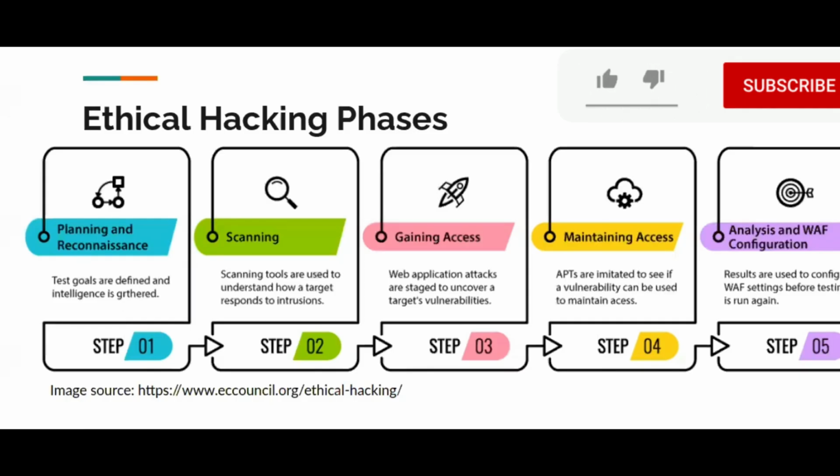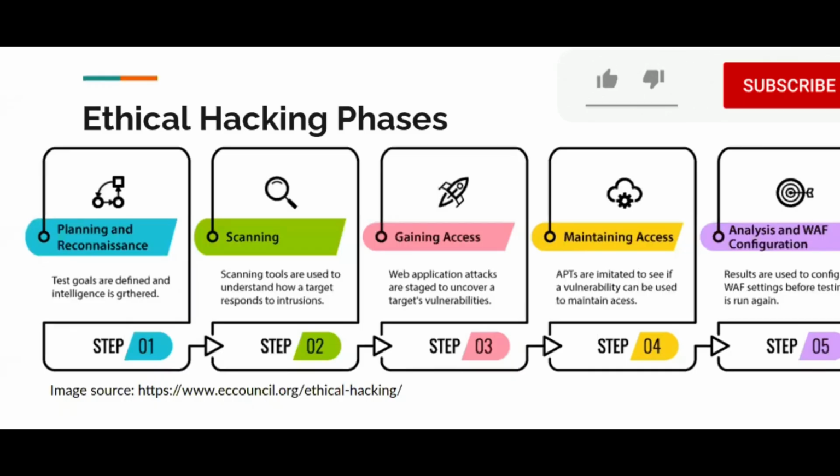So in planning and recce, or reconnaissance, you collect as much information as possible by observing and looking at the system, either passively or actively. In active planning and recce, you go and interact with the people, process, or technology which is there.